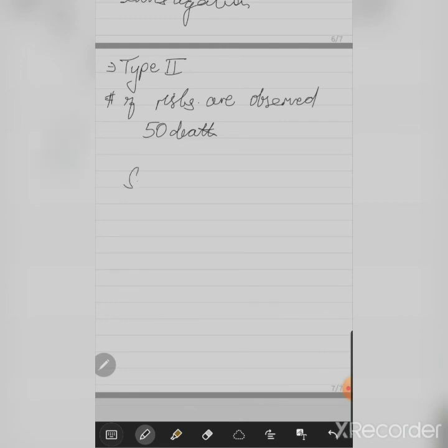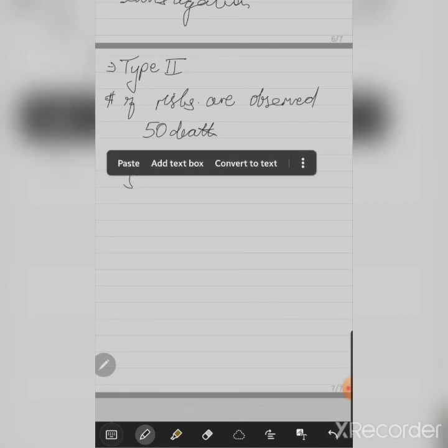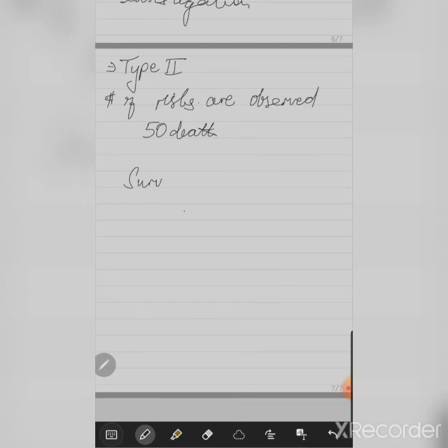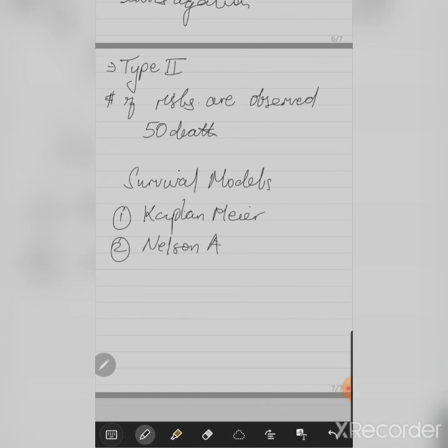So later, in our next session, we will discuss the survival models. Under the survival models we have the Kaplan-Meier, and the second one is the Nelson-Aalen.